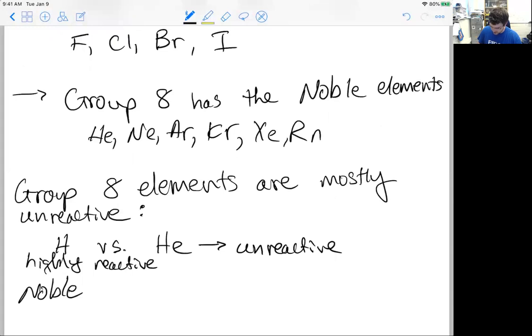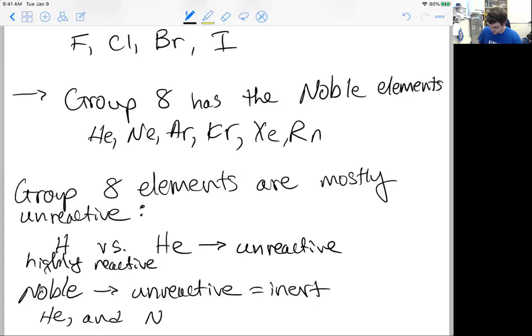And another word for that is inert. So these noble elements mostly just stay as noble elements. So helium, neon, and argon in particular are unreactive.